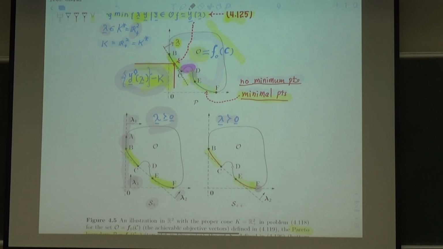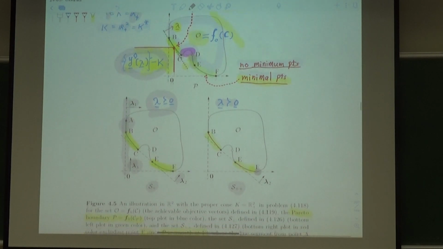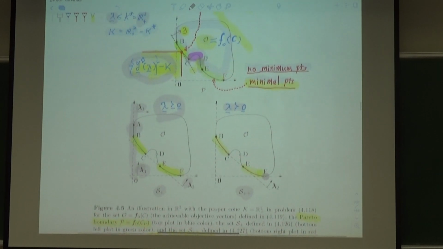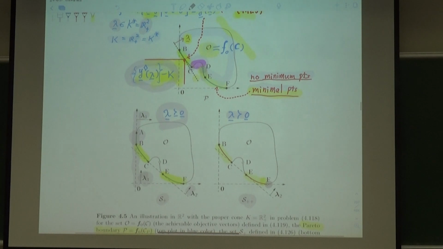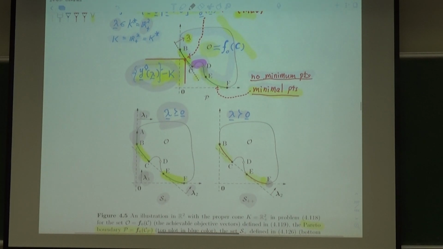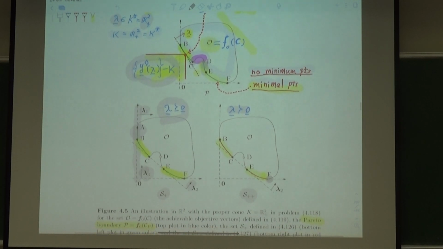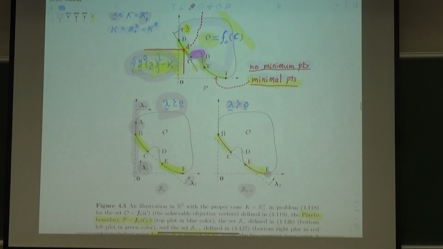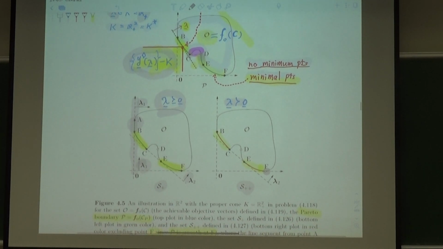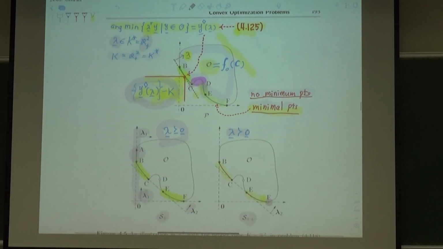So this set contains all the points from B to C and then E to F, not including F. So they are partial, from B to C, from E to F. But you never touch E, because this O is not convex.